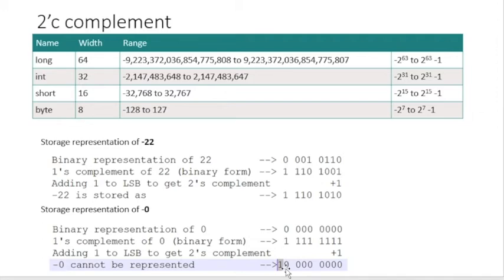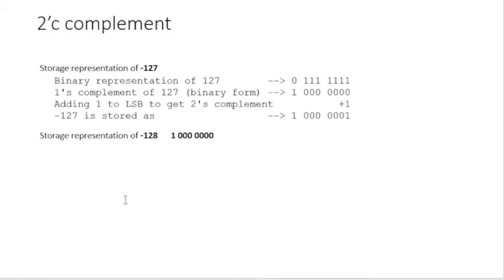Now with this removal of minus 0, we got extra room for one number, because 128 numbers can be stored on each side, right? On the positive side, it's from 0 to 127, but on the negative side, it is from minus 1 to minus 128. So how is it? Let's get to that.